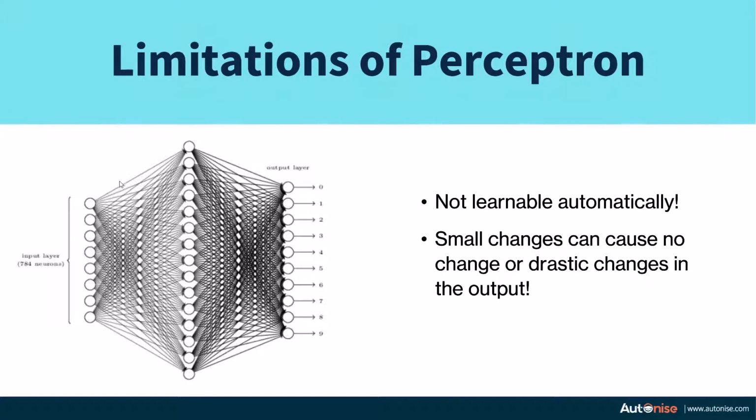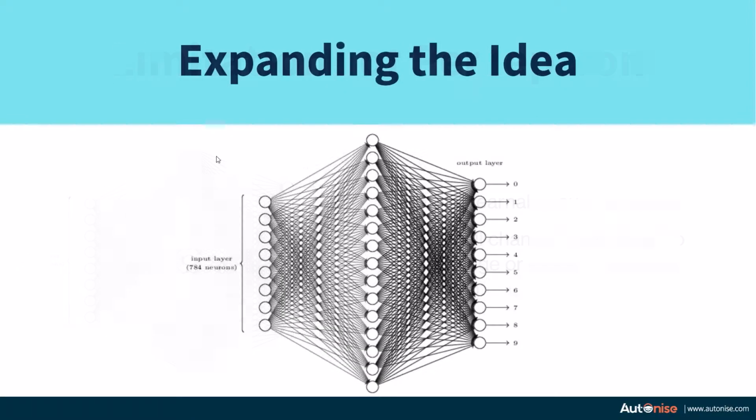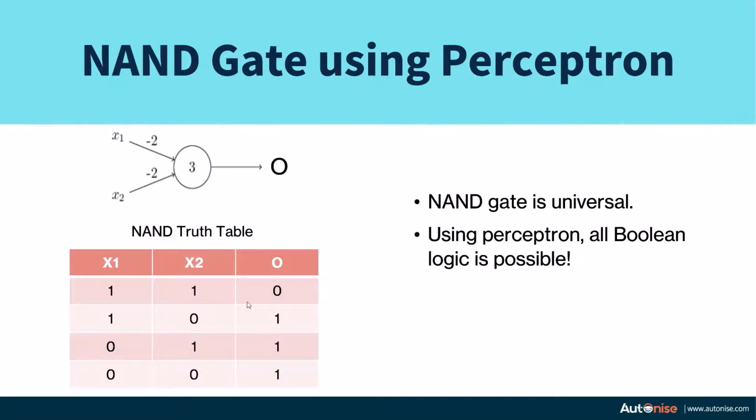So let's say we keep on changing the value of one weight of a perceptron. It can happen that the output does not change. We can look at this example over here: even if we changed the value of this weight to minus 2.1, still the NAND truth table will remain the same. Even a weight of minus 2.1 will act very similar to having a weight of minus 2.